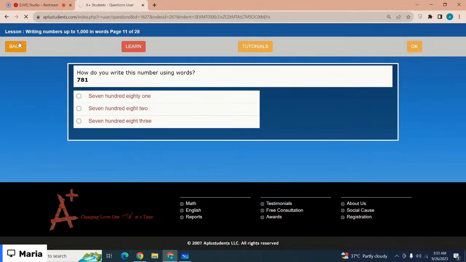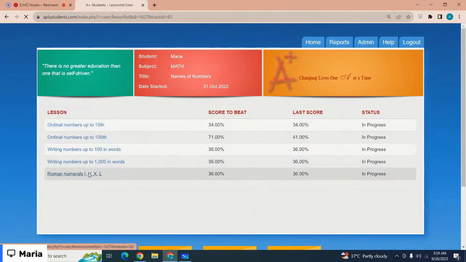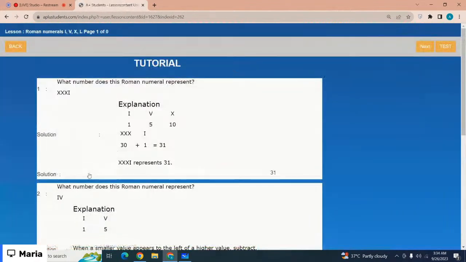And the next lesson is, I think, the last lesson of each chapter, and that would be Roman numerals. So Roman numerals are another way to represent mathematical numbers, right?